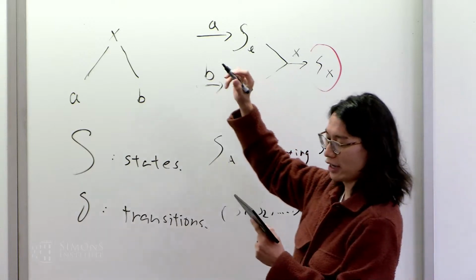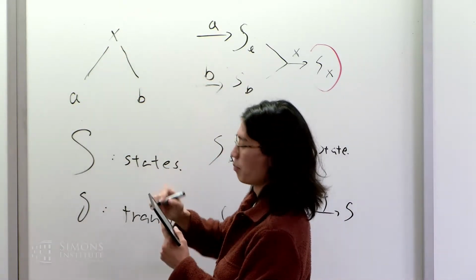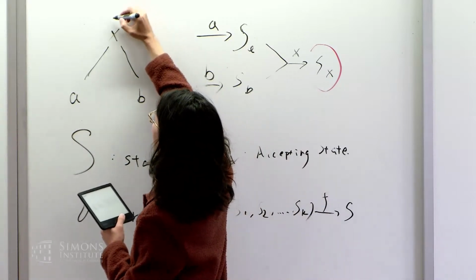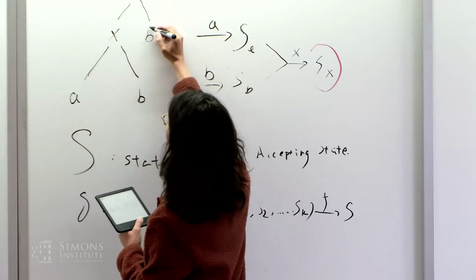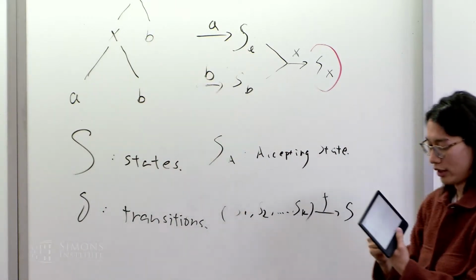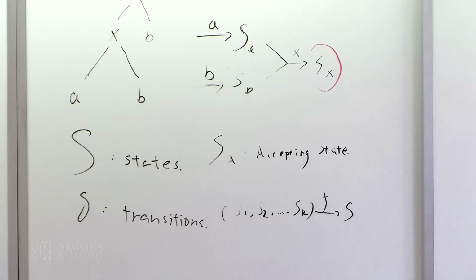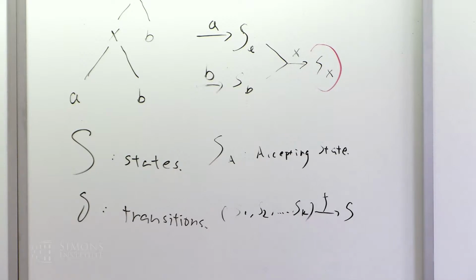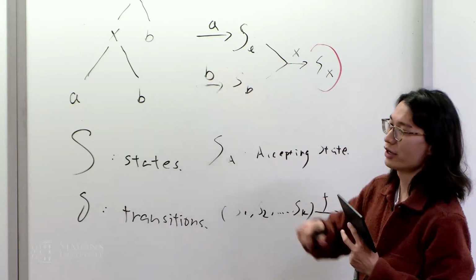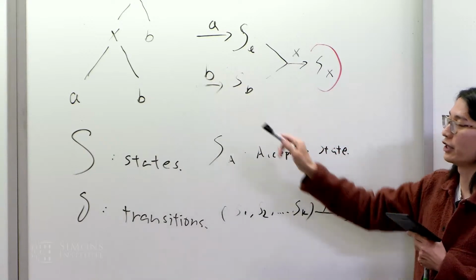So let's say we have this tree: A times B, divided by B. The first interesting thing we can do is that now we can have a little bit of sharing in our automaton. In order to accept this tree, we don't have to make another state for B, so we can reuse this state.